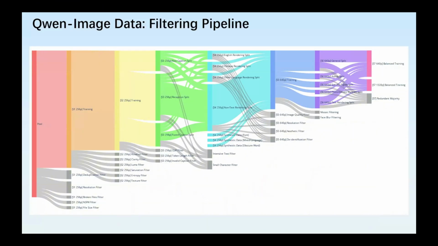Beyond careful data balancing, we also implemented an extremely rigorous data filtering process. Our pipeline consists of seven sequential stages from S1 to S7, each designed to address a specific dimension of quality, removing noise, ensuring image-text alignment, preserving semantic diversity, and maintaining distributional balance.